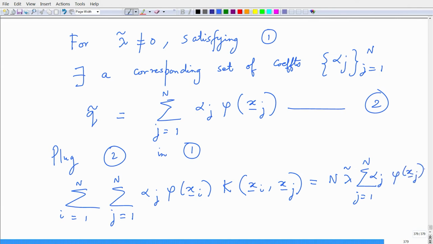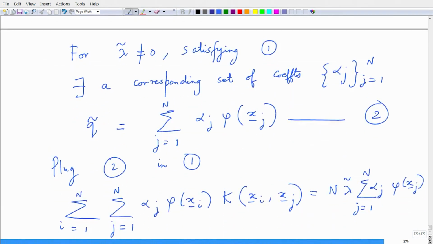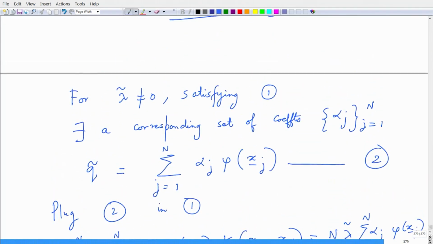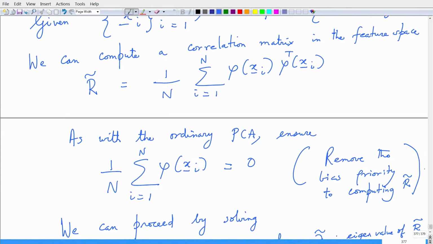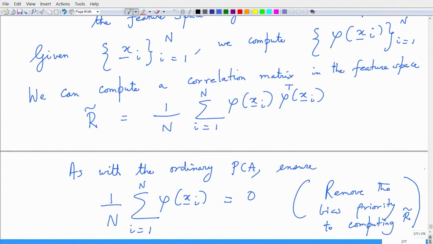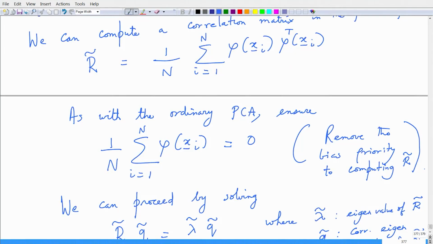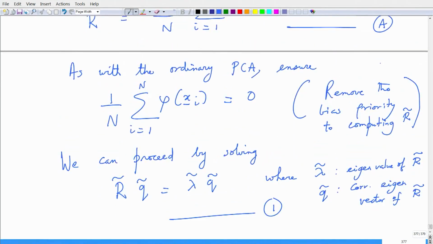What I have done is pretty straightforward. I expand this matrix R tilde using this equation here. Maybe I can call this equation A.